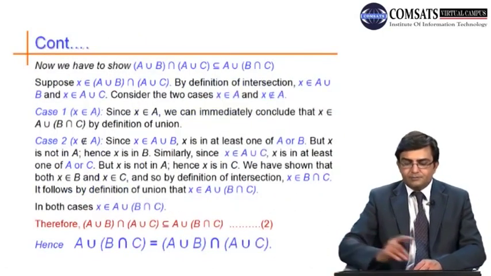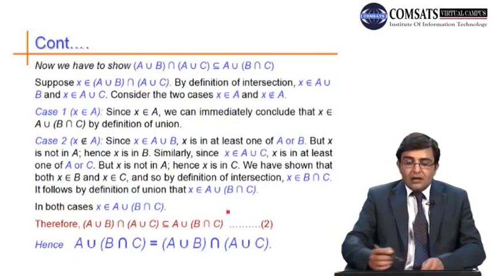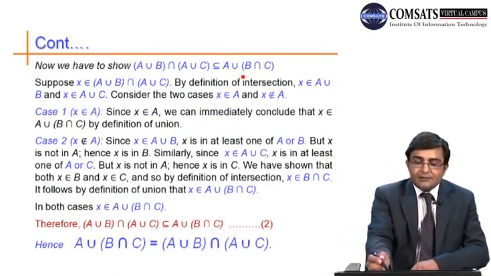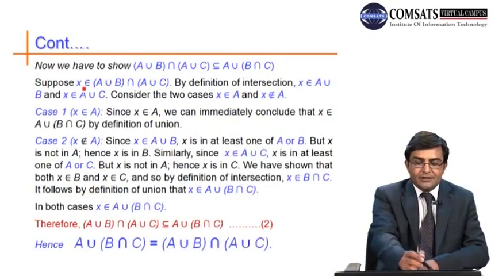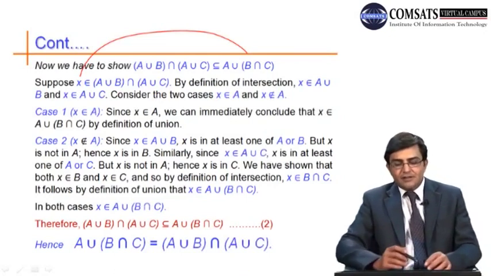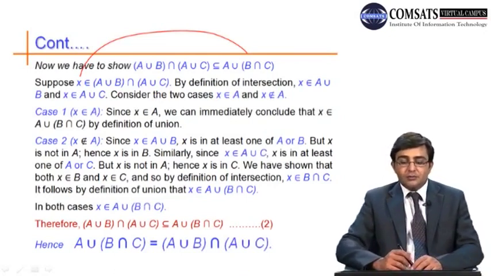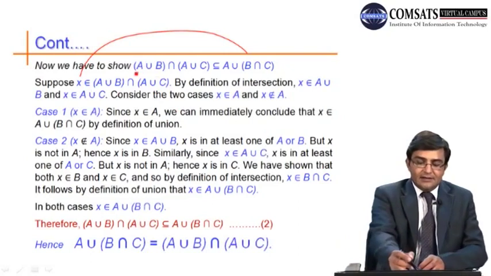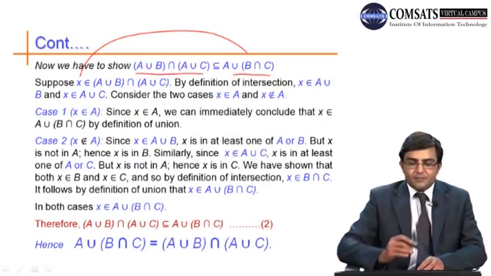So how can we prove that this is a subset of this? We choose an arbitrary element X which belongs to this, and then we prove that X belongs to this set. So this is sufficient for proving that this set is a subset of this set.